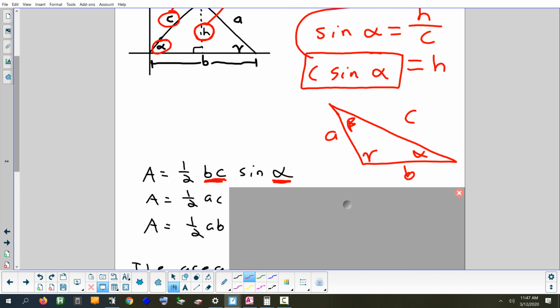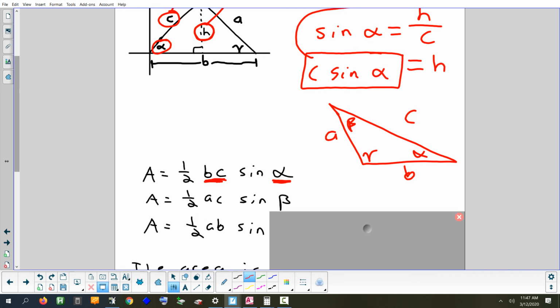So what if I wrote it that way? 1/2 the product of 2 sides times the sine of, what's the top angle going to be right there? Yeah, beta. And the bottom one? Yeah. Again, it's not important to try to write this down with every single letter in the English alphabet, because we could write it lots of different ways.